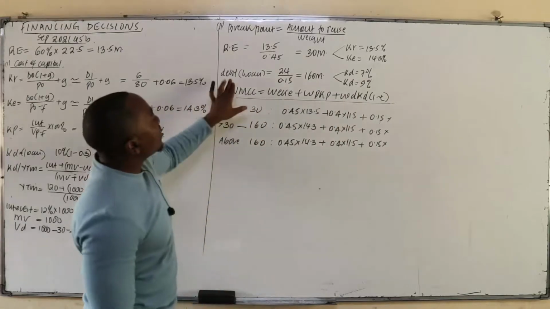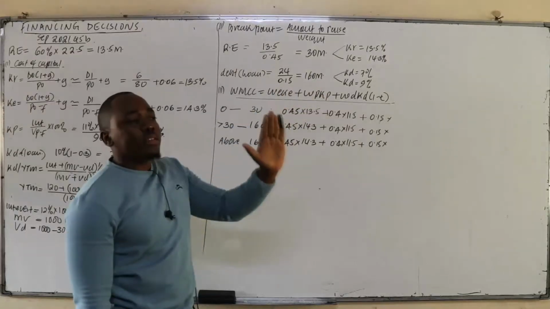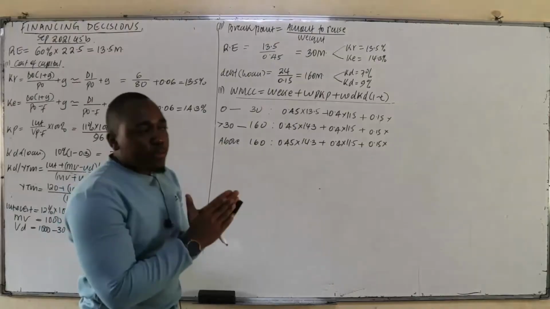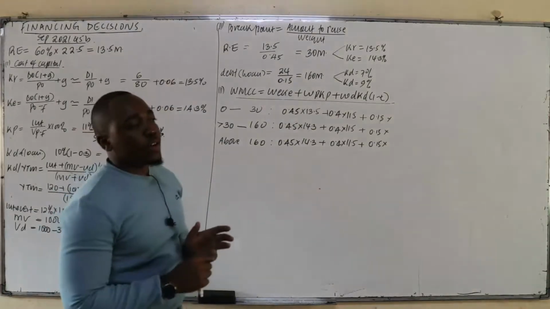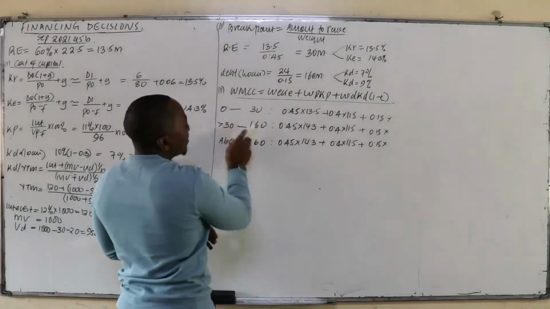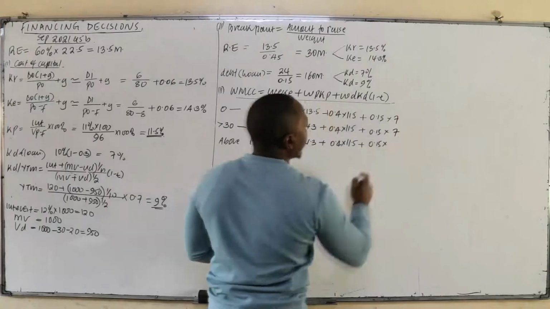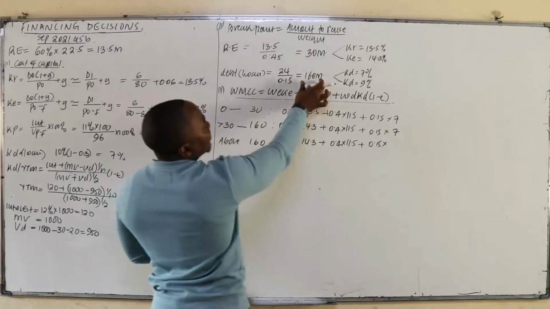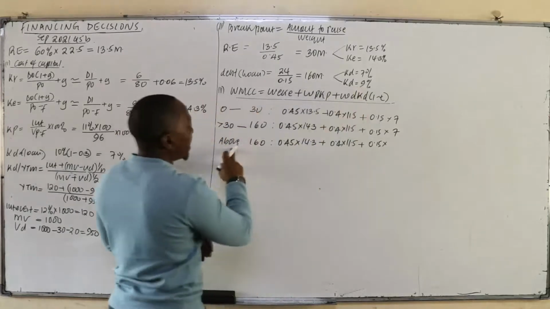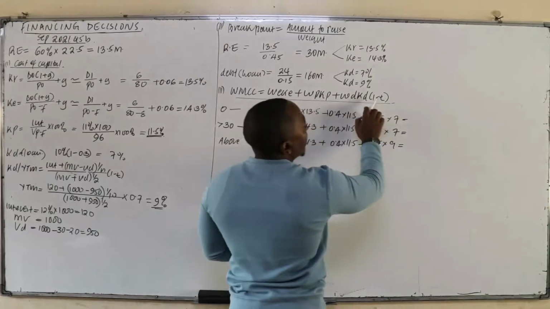So for the debt, we have the breakpoint for loan, which is 160. So between 0 to 160, we use the cost of the loan. Anything above 160, that's when you use the cost of the bond. Between 0 to 160, we use 7. Anything above 160, that's when you go to the expensive one, which is 9. Above 160, 9%.